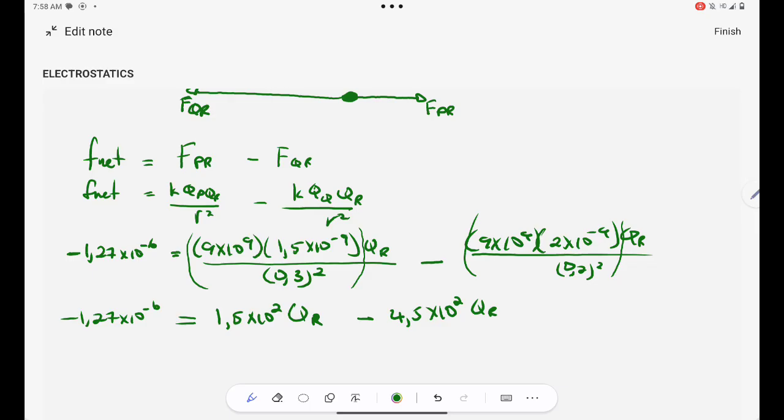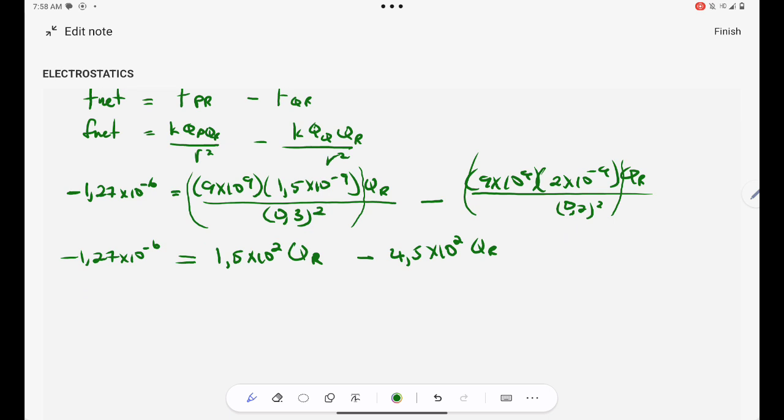Are we together? Okay, and then how can we find this? We still have negative 1.27 times 10 to the power negative 6. I can take out a common factor over there. QR is my common factor. I will be left with 1.5 times 10 to the power 2 minus 4.5 times 10 to the power 2.